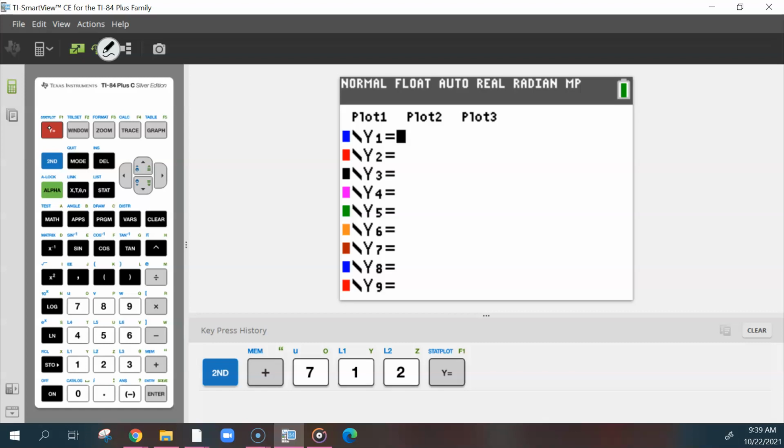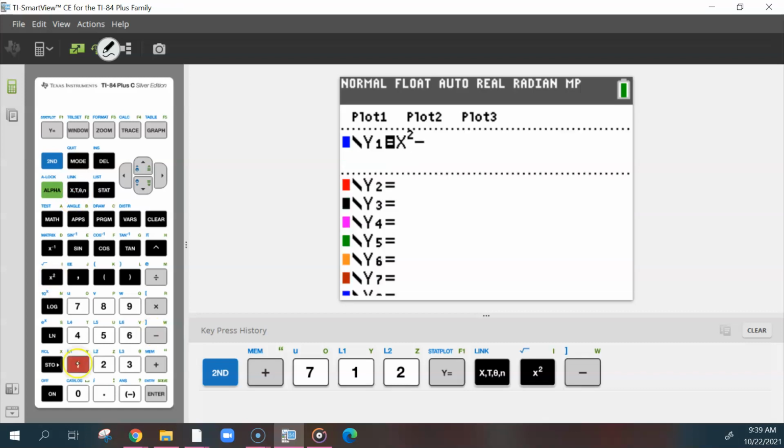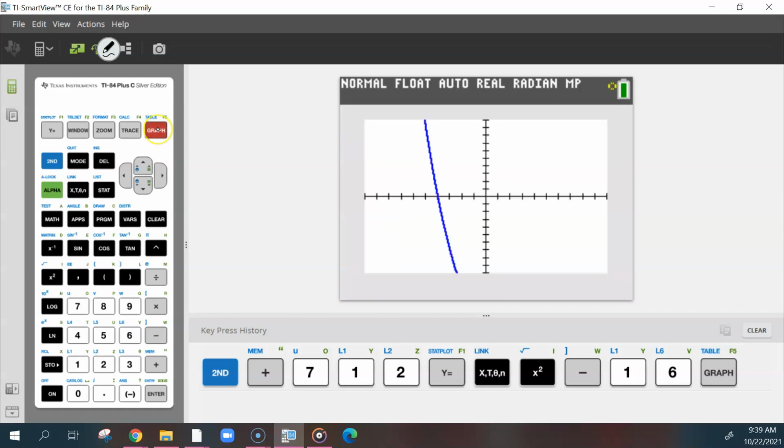You can either hit alpha x, or you can hit this button right here for your x. Once you have that in your y equals, you can hit graph. The graph button is over here on the right.